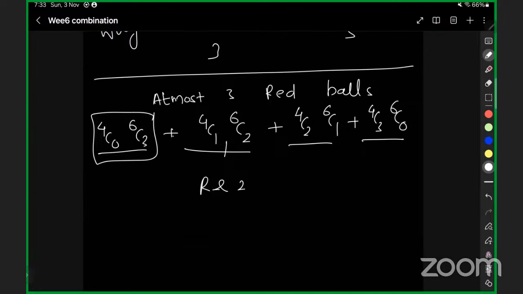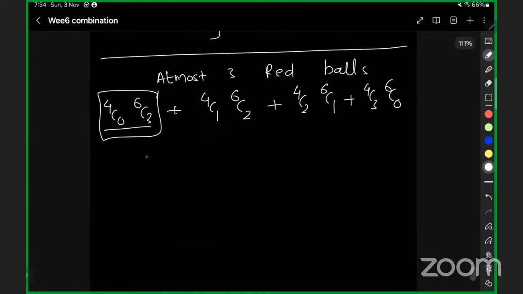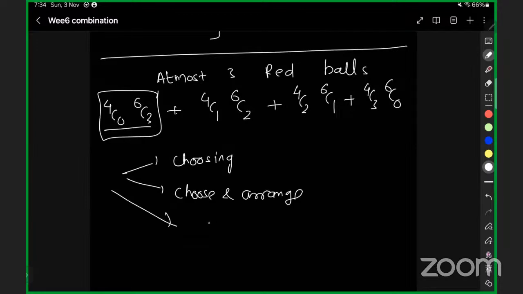So non-red balls I'll choose two. Then only this condition will be satisfied, right? Correct. So this will happen together. Okay, so they have to happen together. So that's when I'll use and, right? So and is multiplication, or is addition. So if you know this part, then I think you will be able to solve all of them. So you should know when to do choosing, when to do choose and arrange, and sometimes just arrange.